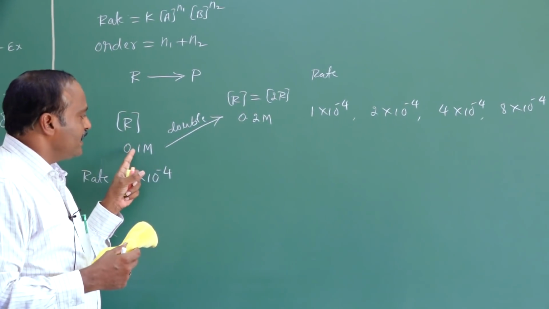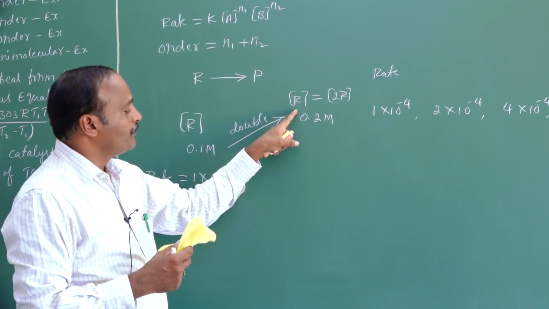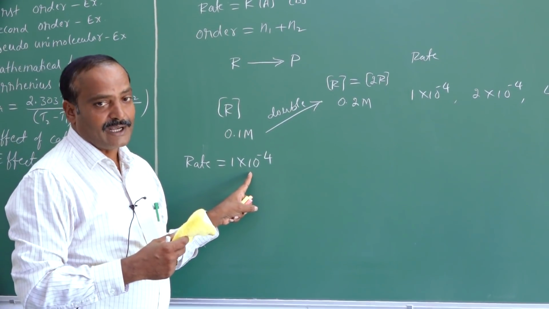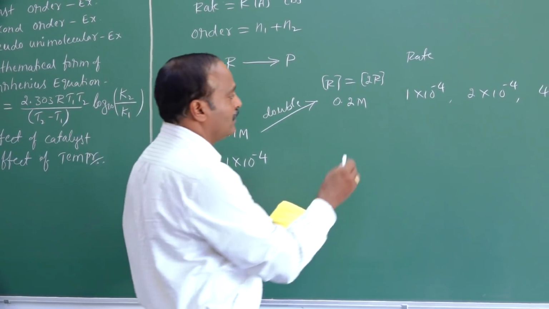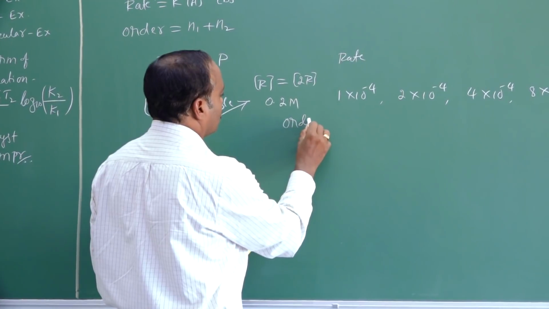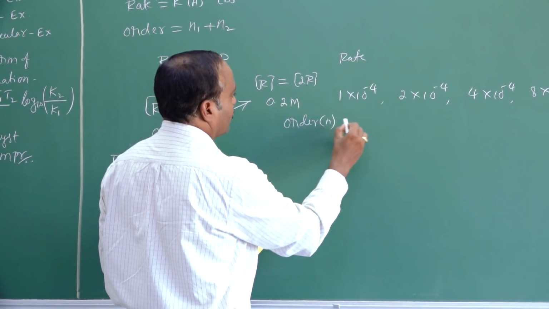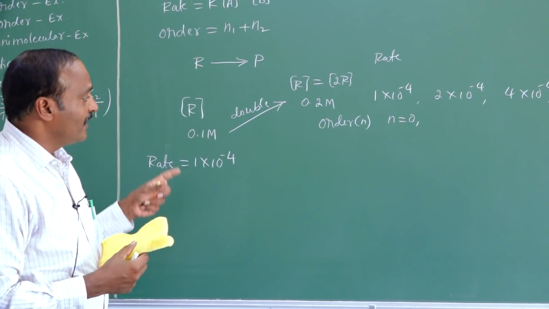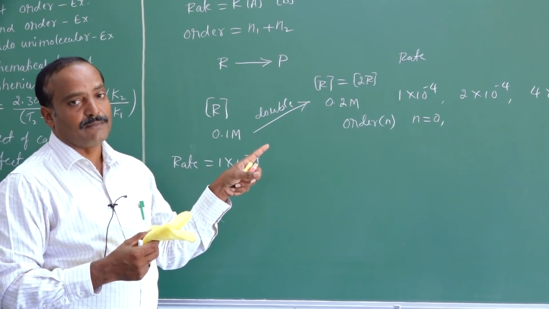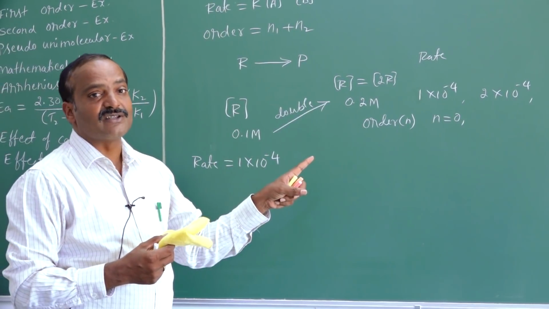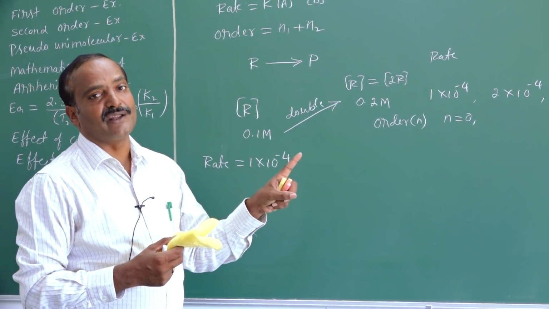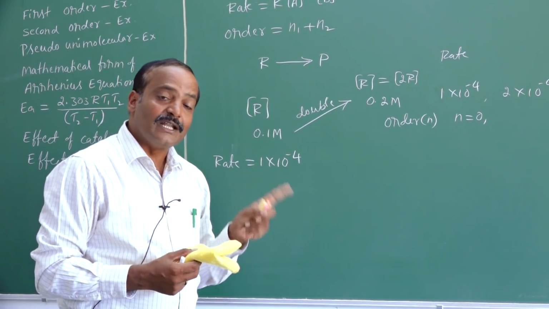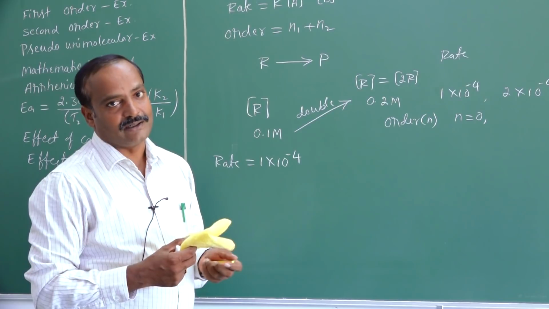When the concentration of the reactant is doubled, if the rate value remains constant, the order is denoted by n equal to 0. It is zero order kinetics. This means the rate of reaction does not depend on the concentration of reactant.